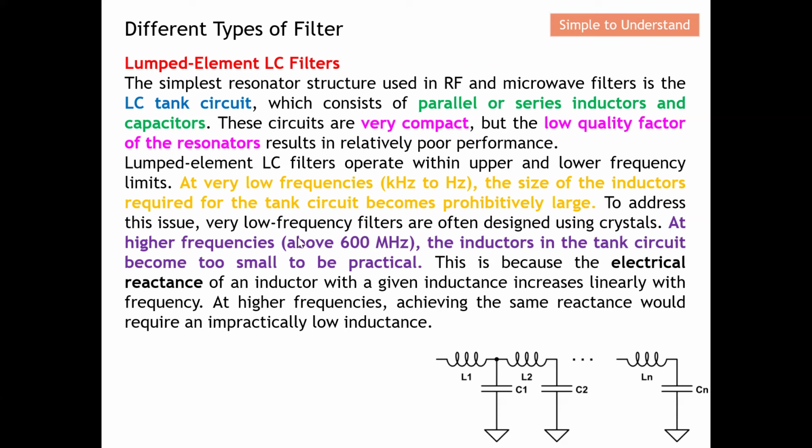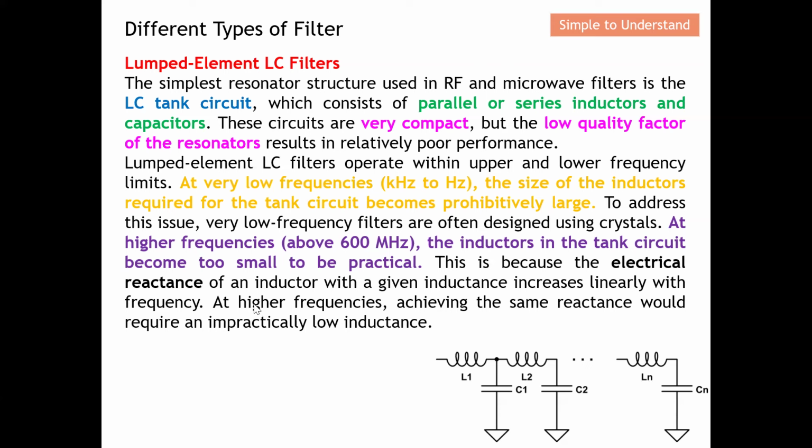While at higher frequency, above 600 megahertz, the inductor in the tank circuit becomes too small to be practical. We can't find such a small inductor. This is because the electrical reactance of an inductor with a given inductance increases linearly with frequency.